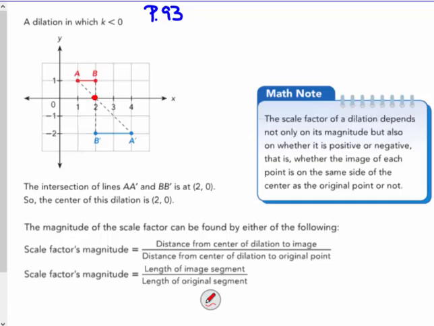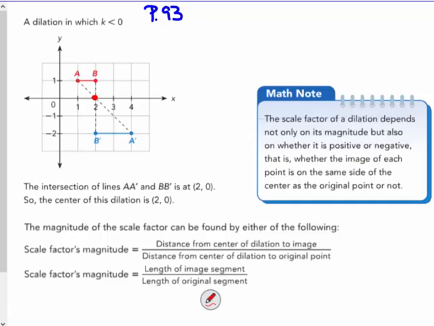The magnitude of the scale factor, so the size of the scale factor, can be found by either of the following. The scale factor's magnitude is equal to the distance from the center of dilation to the image over the distance from the center of dilation to the original point.